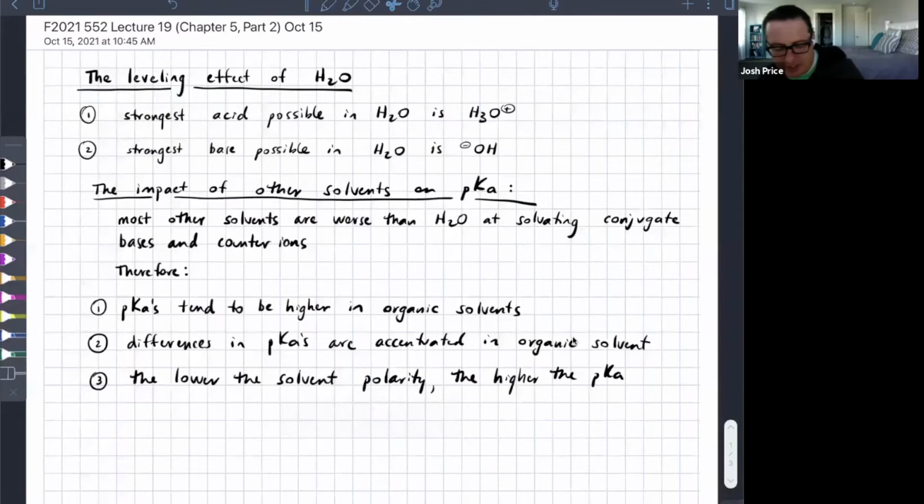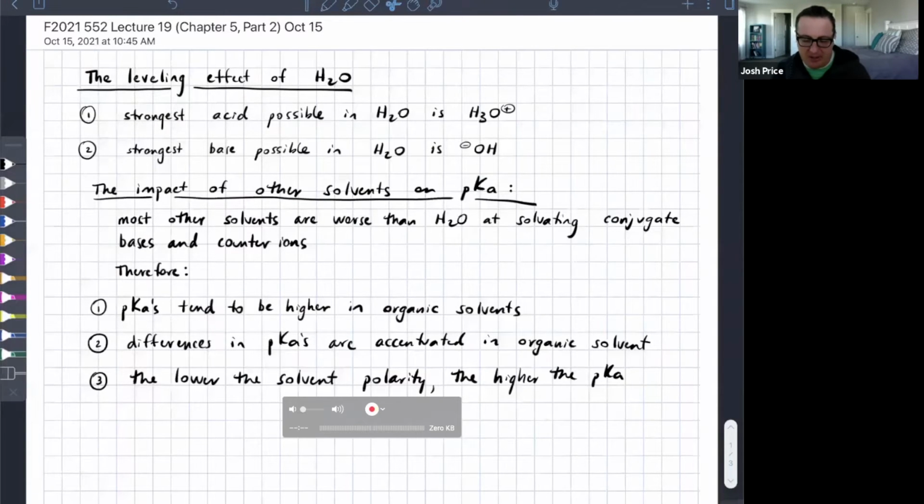So last time we were talking about the effect of water on acidity, and there's this concept that we talked about called the leveling effect of water, where the strongest acid you can have in water is H3O+, and the strongest base you can have is OH-.